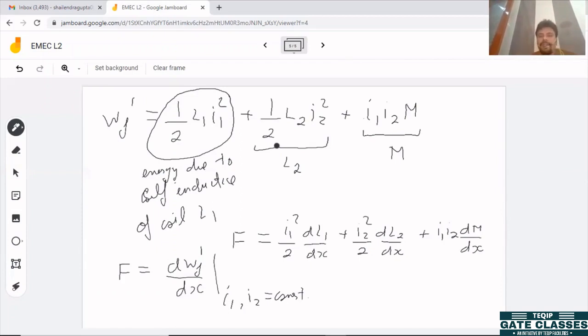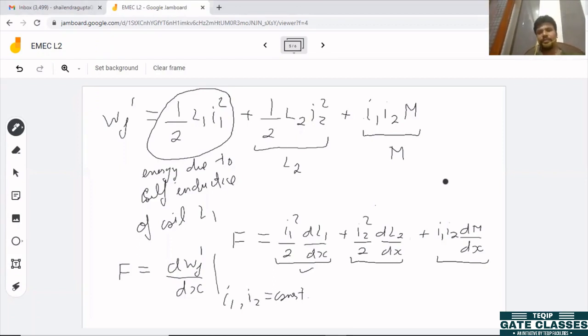Now it should be very clear what each of these expressions represents. Let us concentrate on the first expression, and you can associate this with the previous lecture.